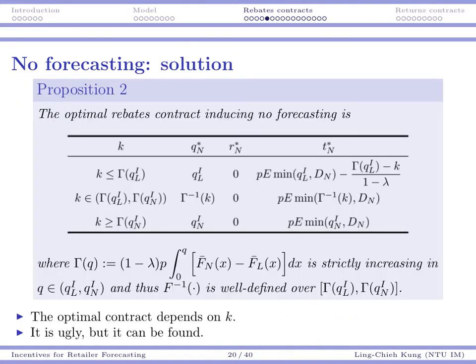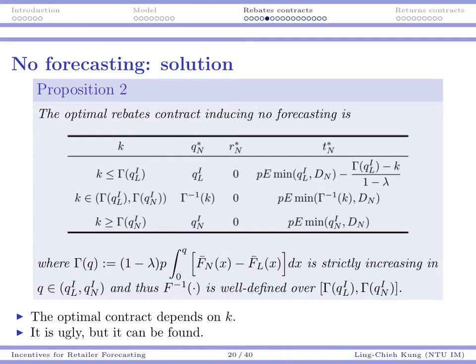So for the previous problem, if we do a careful analysis, we will be able to solve that problem by finding the optimal rebate contract, like this. The optimal rebate contract has three numbers, and depending on the different values of the forecasting cost, we have different optimal contracts.